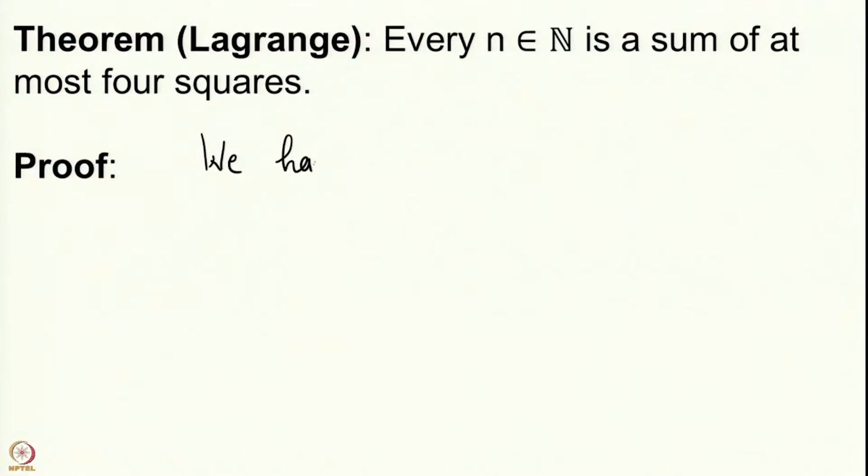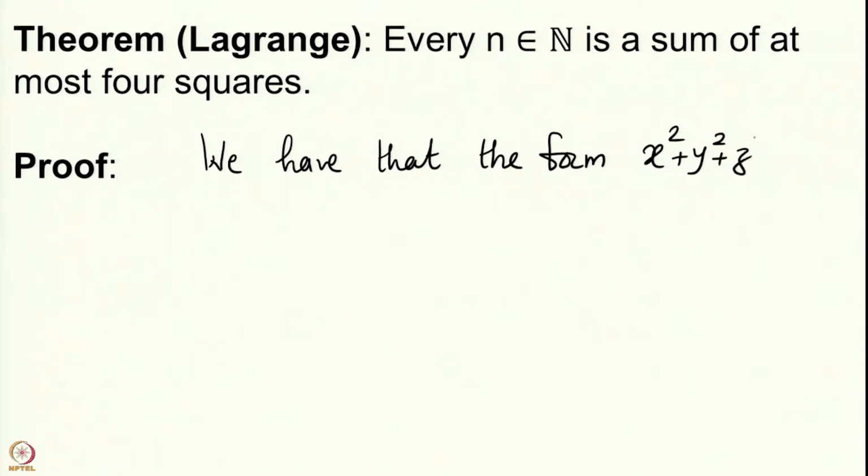So, we have that the form x square plus y square plus z square plus w square is multiplicative.